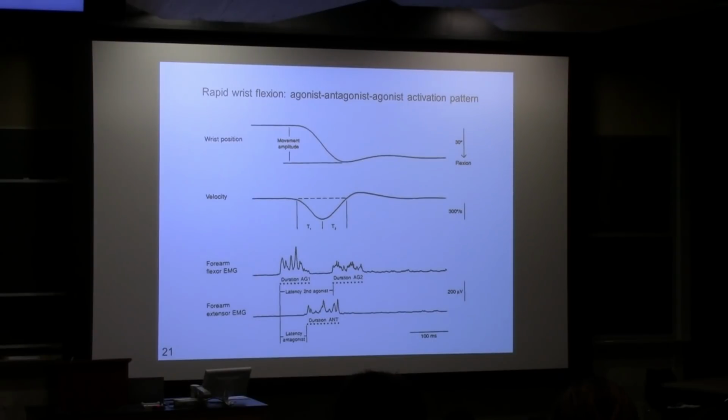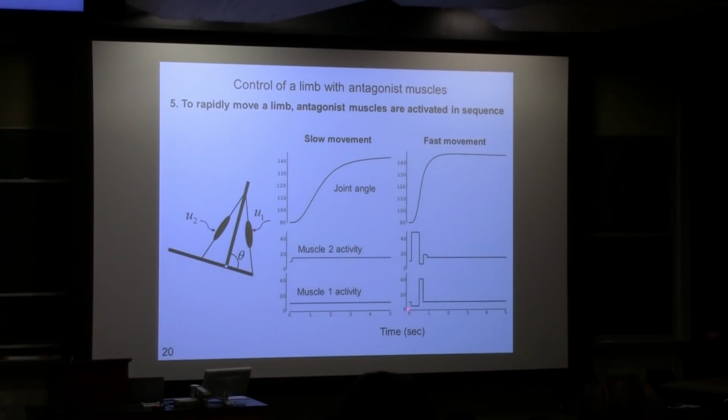So you see this reciprocal activity until the end where there is some co-activation of both. Not so well seen here. Let's go back to this where we can see it a little bit better. So there's some amount of activity. When this becomes active, this is shut off. Then when this antagonist becomes active, the agonist is shut off. And then finally, here, you have activity in both muscles.